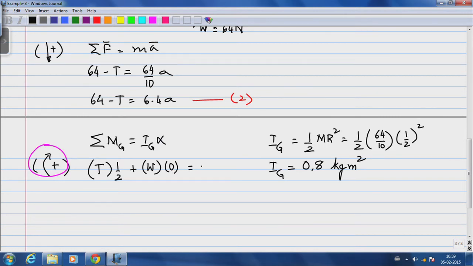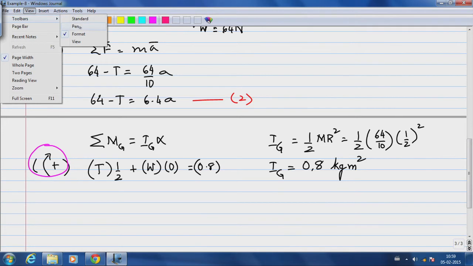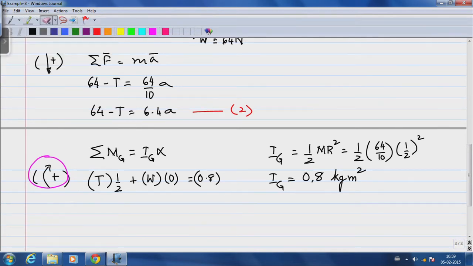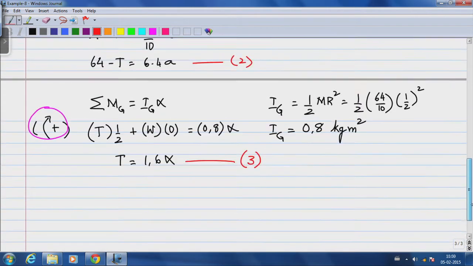This equals Ig, which is 0.8, times alpha. So, simplifying this, I get T equals 1.6 alpha. This is my equation 3.